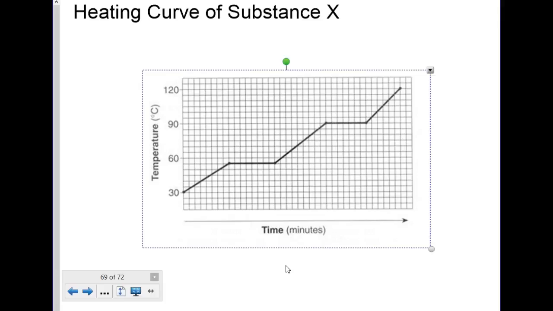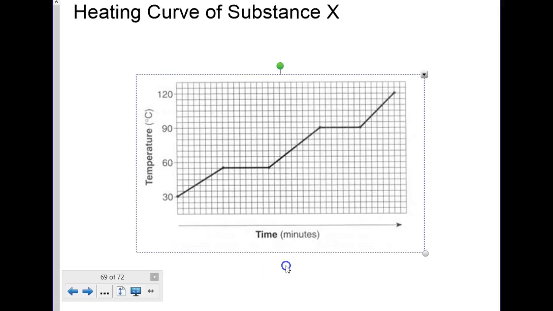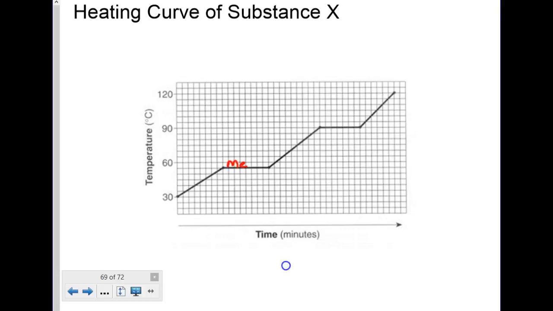Evaporation. Okay. So anytime where we have a diagonal line, that is when a substance is changing temperature. Wherever you have a plateau, that is a state change. Because the temperature is increasing, the state change here is melting. Here, the state change is evaporation.